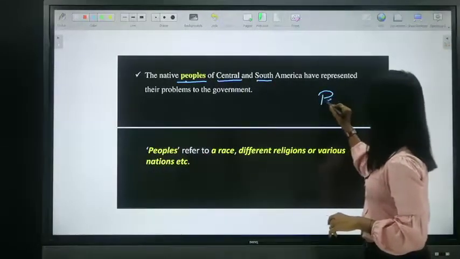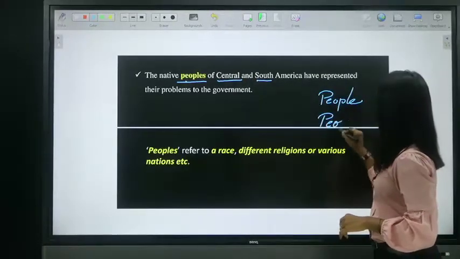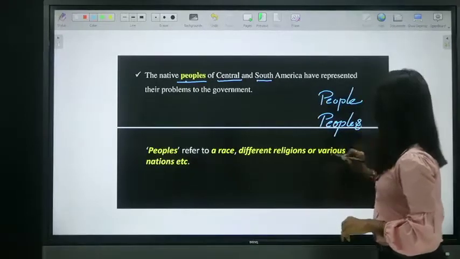When to use people and when to use peoples. So is it clear?